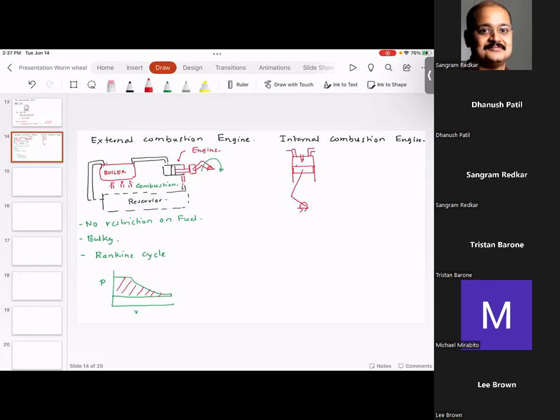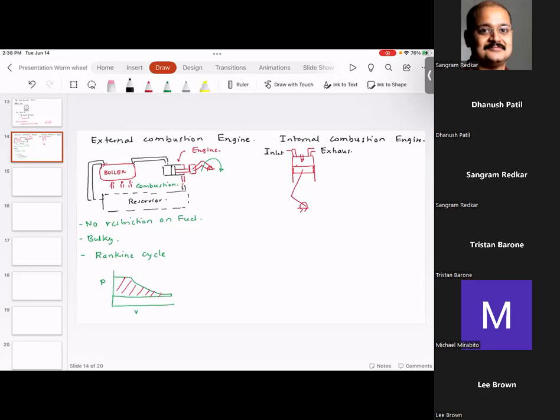So this is the inlet valve. This is the exhaust. And through the inlet, you have either the fuel or air-fuel mixture coming in.